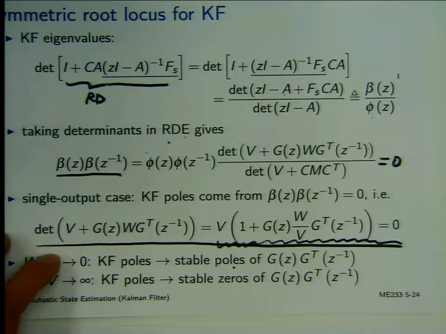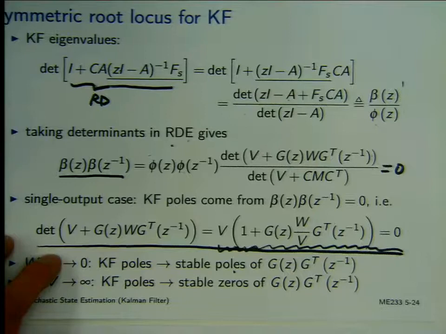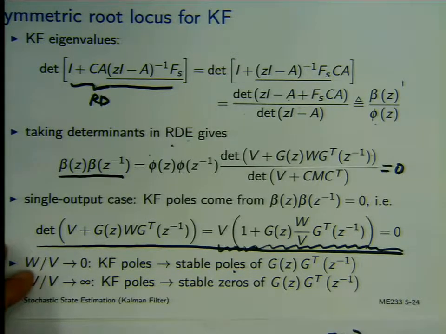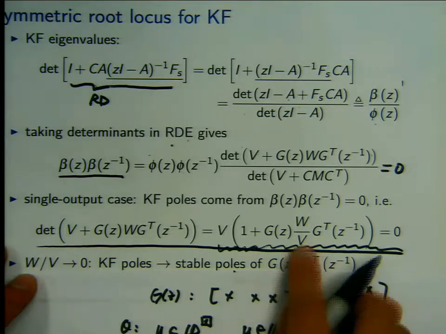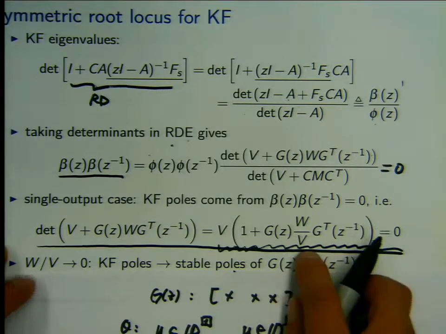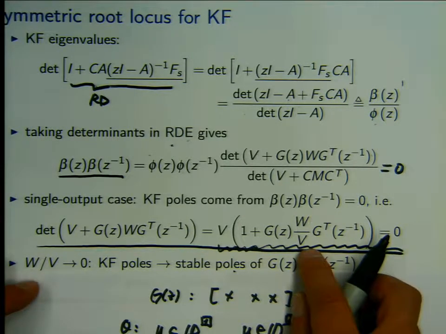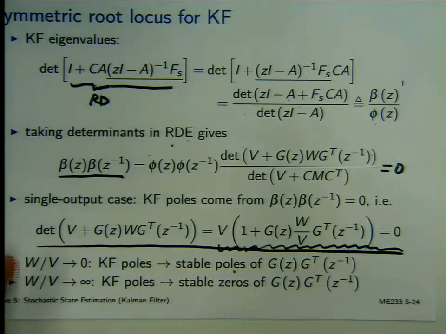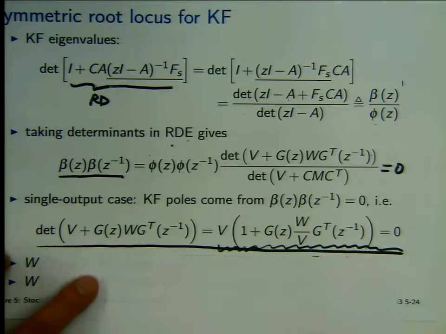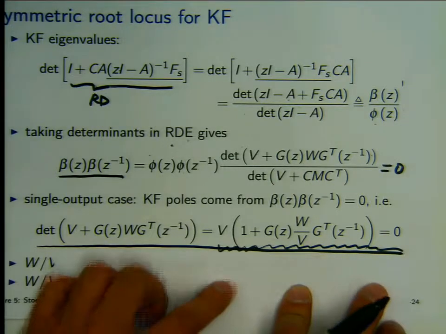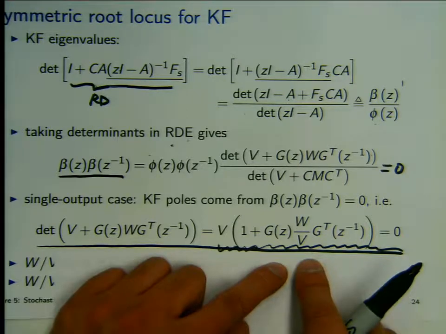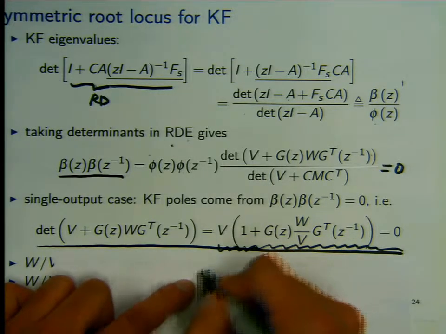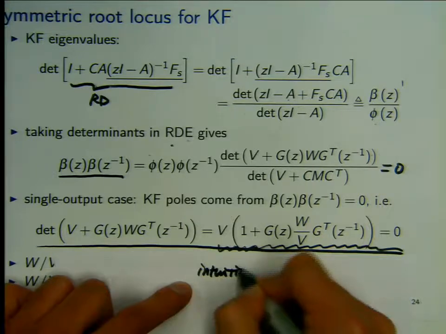Now, what will happen if W divided by V, this term, is approaching 0? So we're moving to symmetric root locus. What will happen, for intuition? This is also a review.